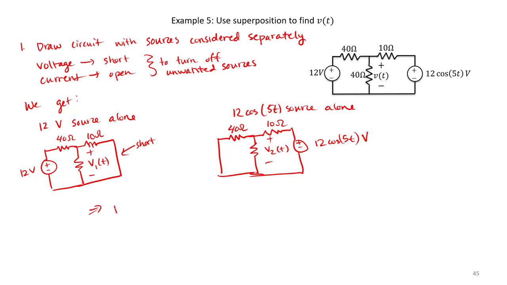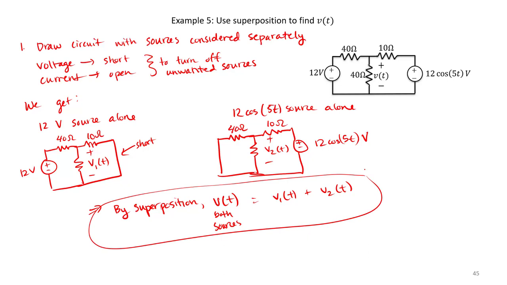And remember, by superposition, we know that V of t from both sources must be equal to V1 of t plus V2 of t. So our next step is to find V1 of t and V2 of t, and then take the algebraic sum.